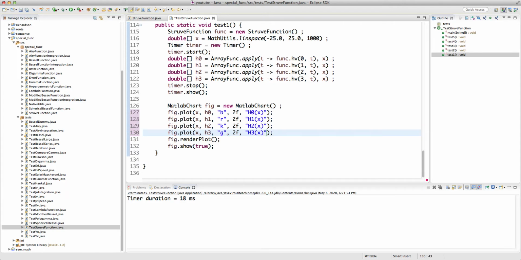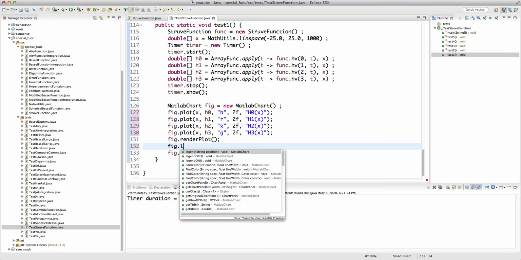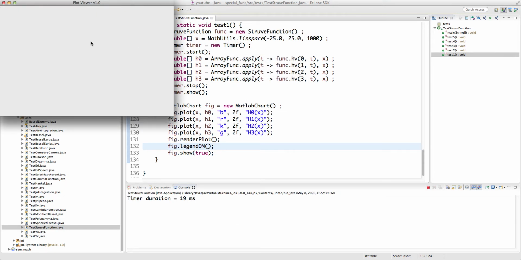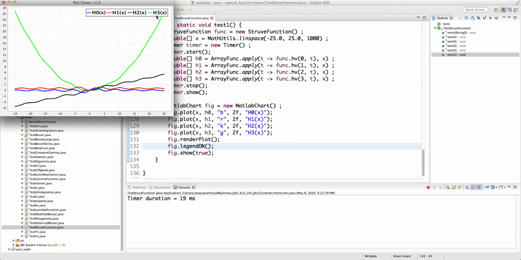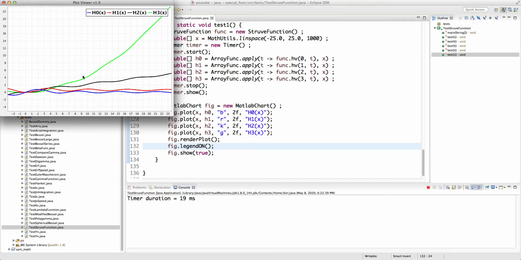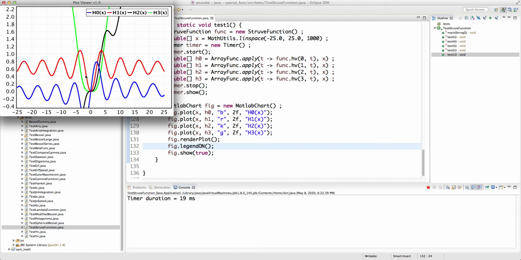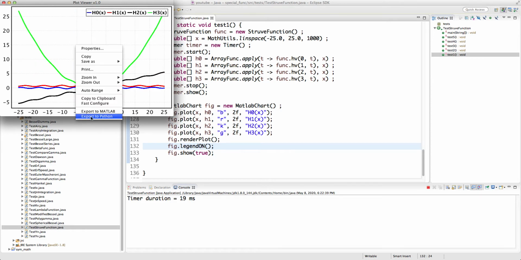And then I'm going to render the plot and then legend on. So let's see the results. So this green curve is H3. It has a little bit of oscillation, but its behavior is more like rising very fast, right? But H0 and H1, they definitely have this oscillatory behavior.